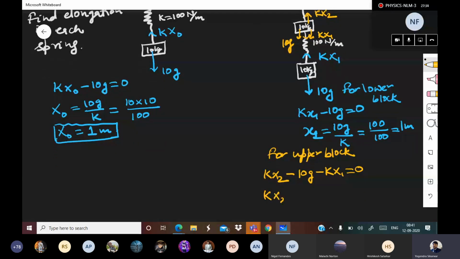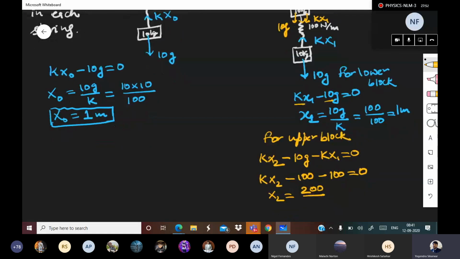Kx1 was equal to 100. So Kx2 minus 100 minus 100 is equal to 0. That gives us x2 is equal to 200 upon K. K is 100, so x2 comes out to be 2 meters.